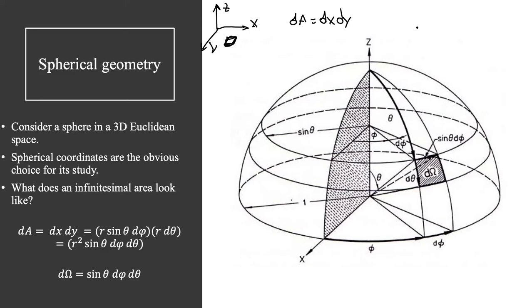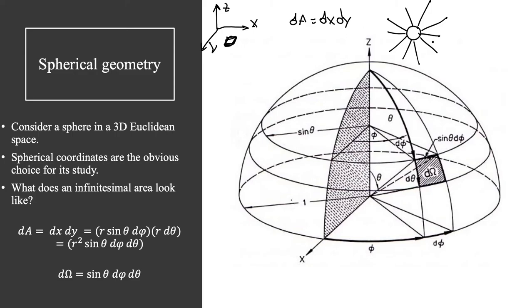Well, imagine that you have a sun that is emitting photons in all possible directions, and it is emitting the same amount of photons in any direction. This is a typical example of a spherical symmetry. And therefore, it makes sense to use what we call spherical coordinates, which are more natural coordinates. There is a transformation that leads you from x, y, and z to the coordinates on a sphere.